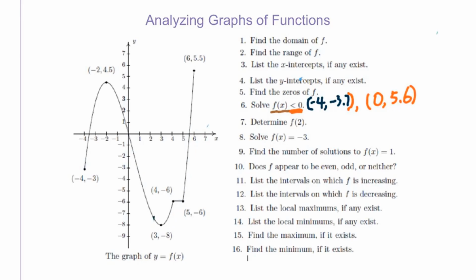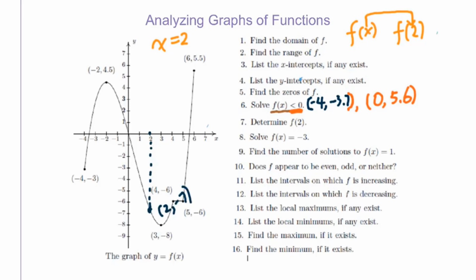For number 7, determine f(2). We know f(x). Now f(2) means x equals 2. You need to find 2 on the x-axis. It's over here. Then draw a vertical line to intersect the graph at (2, -7).